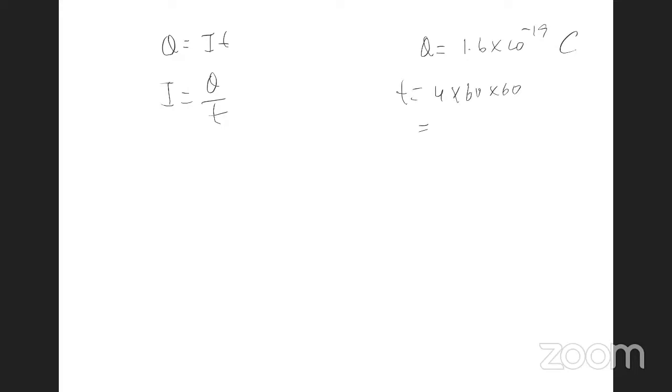How much is that? 14,400. So now we're going to take 1.6 by 10 to the minus 19 and divide it by 14,400. And that will give us the value in amperes.